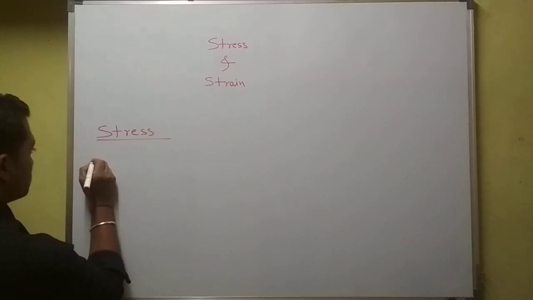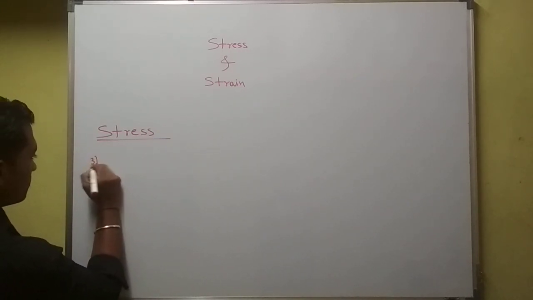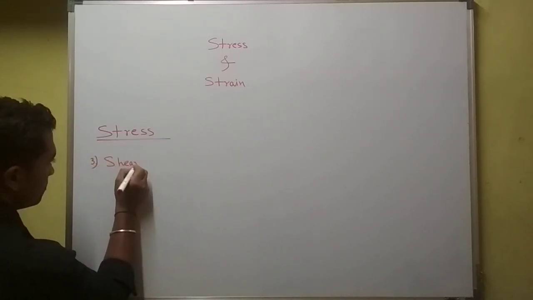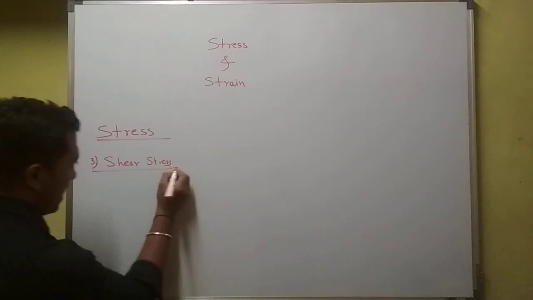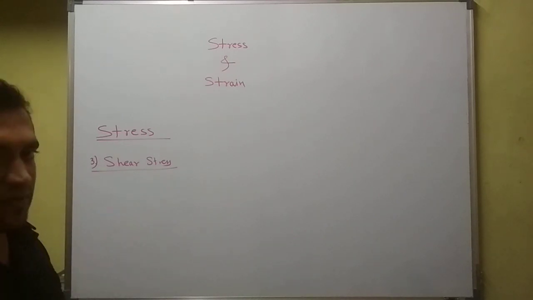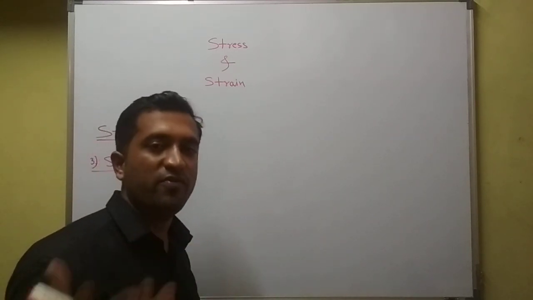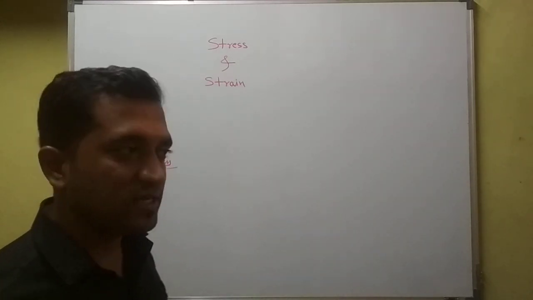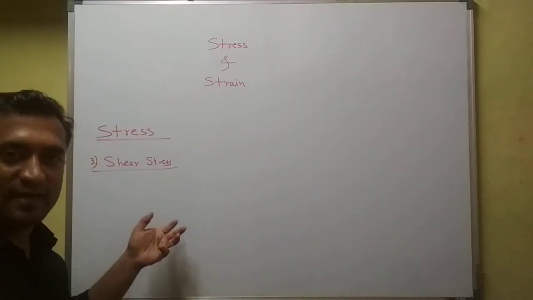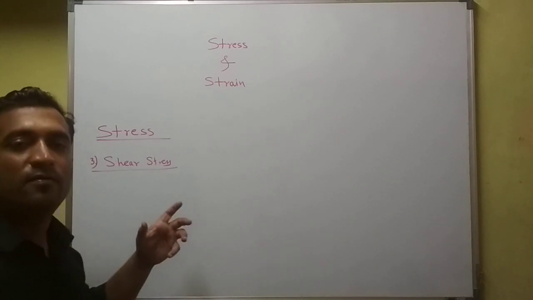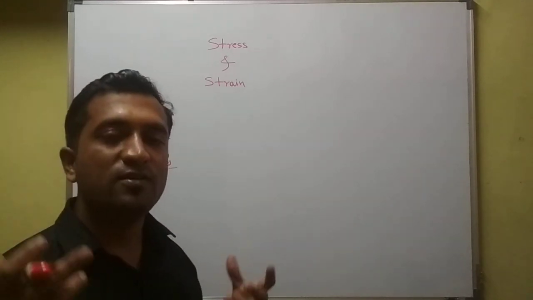Next one is the third, shear stress. When you apply a shear force, in the last video we understood what shear force is. Whenever you apply a shear force, that body produces shear stress.